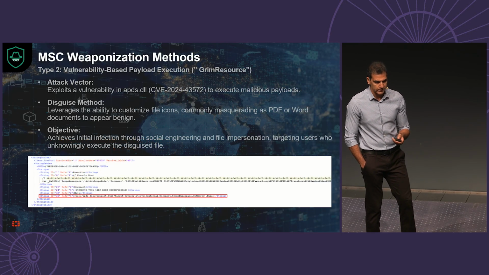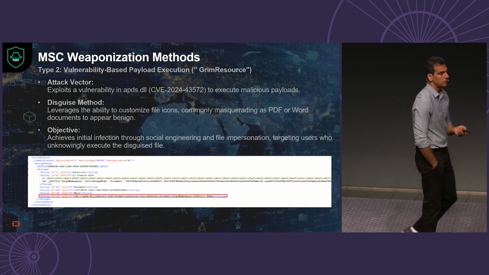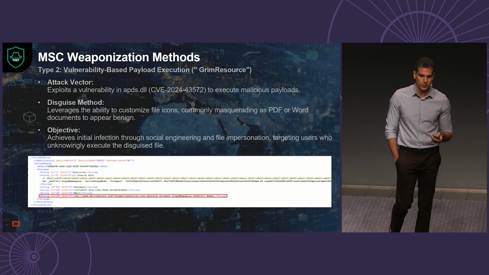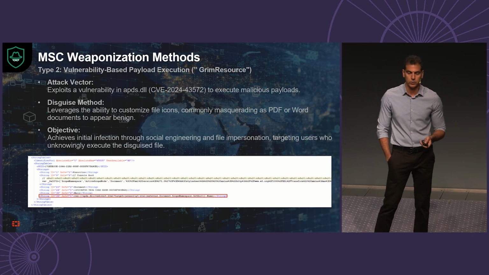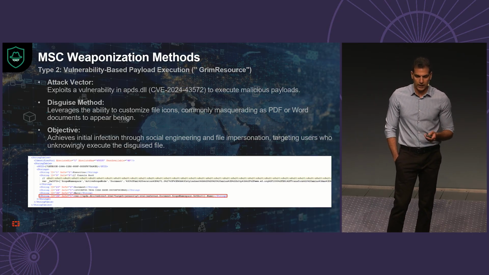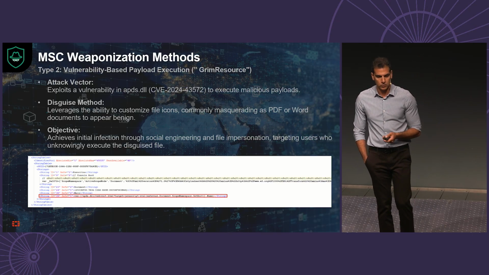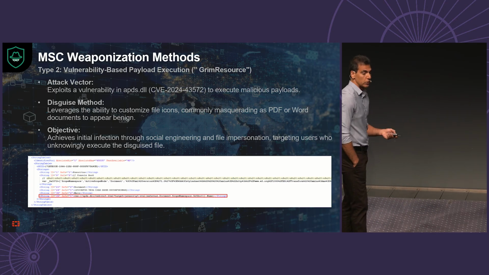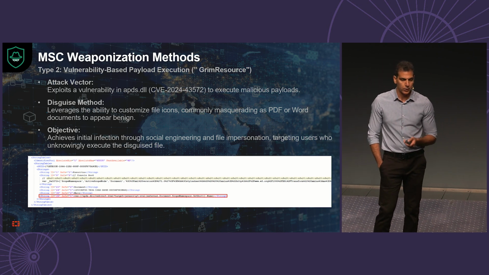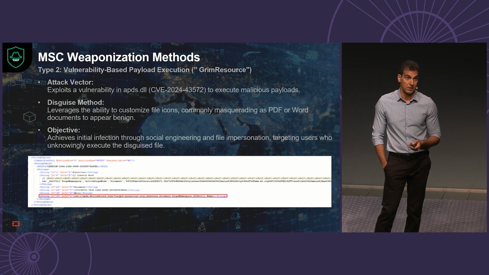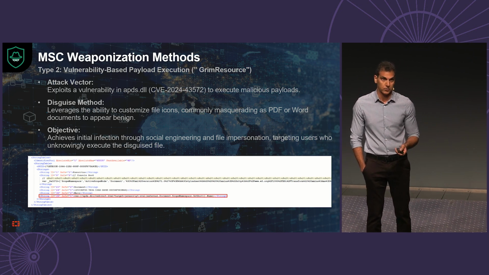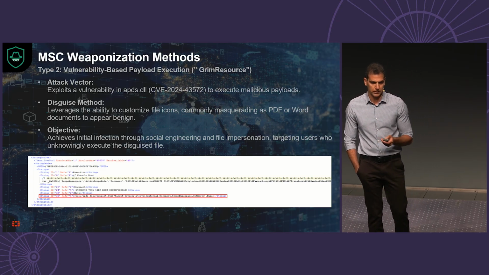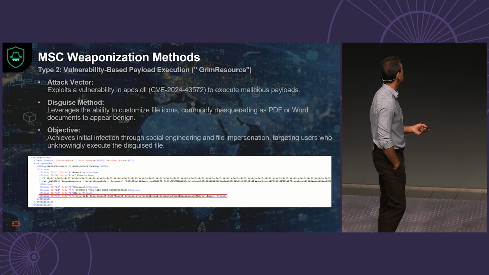This is the second method that Doug already mentioned. This method exploits CVE-2024-43572, which is a remote code execution vulnerability in the MMC console, specifically through a component called APDS.dll. A threat actor can create a malicious MSC file and reference a vulnerable web browser within the APDS.dll, specifically through a resource named redirect.html.